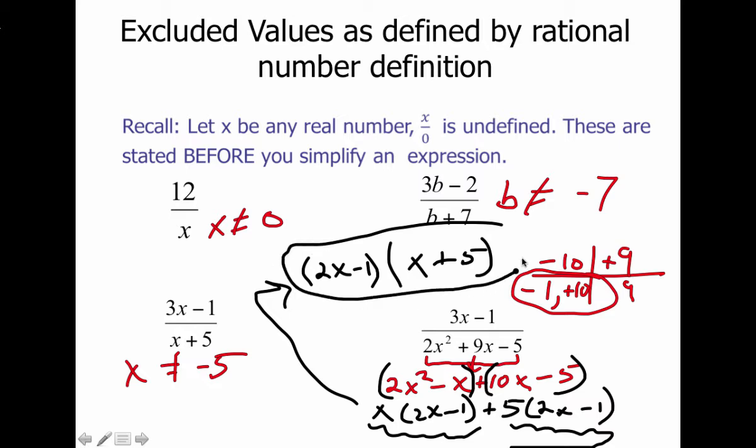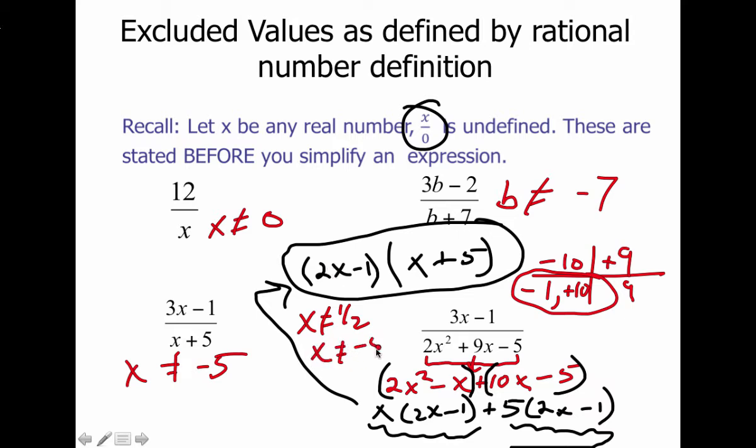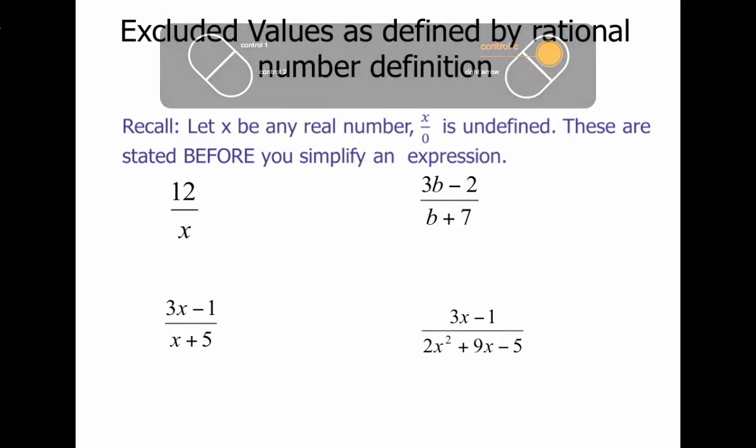There's my factored form. So the idea was what would make this undefined, and my answer would be to set them both equal to 0. X cannot be 1/2, and x cannot be negative 5. So we have to factor the denominator a lot in order to determine what the denominator can't be.